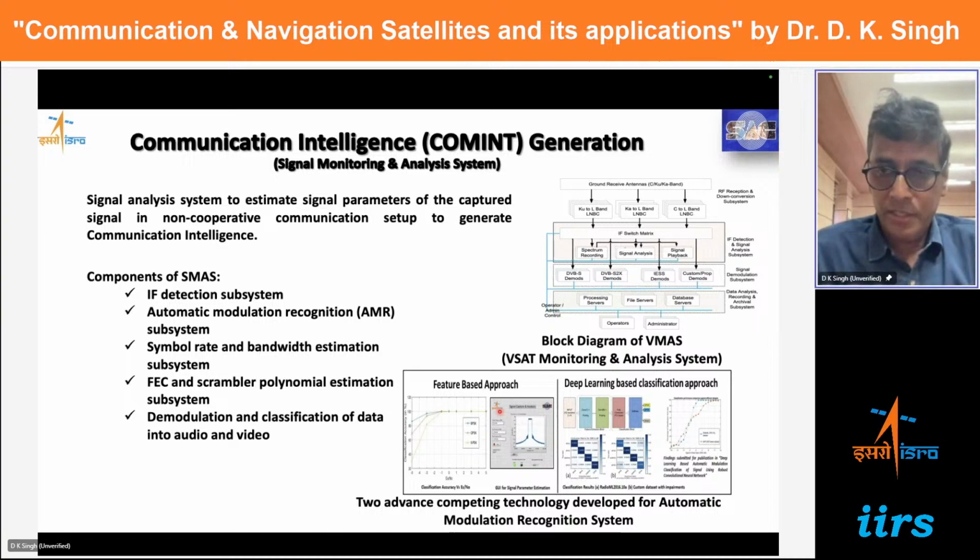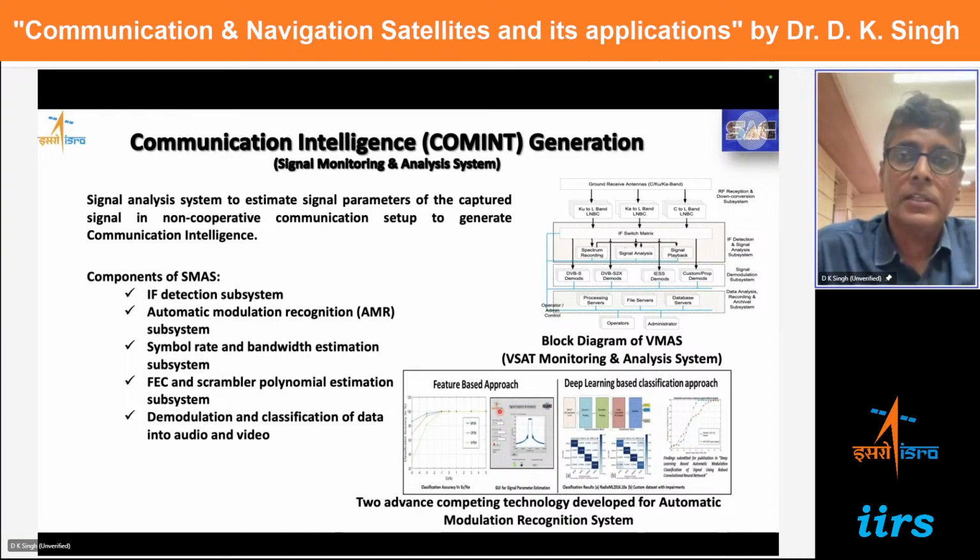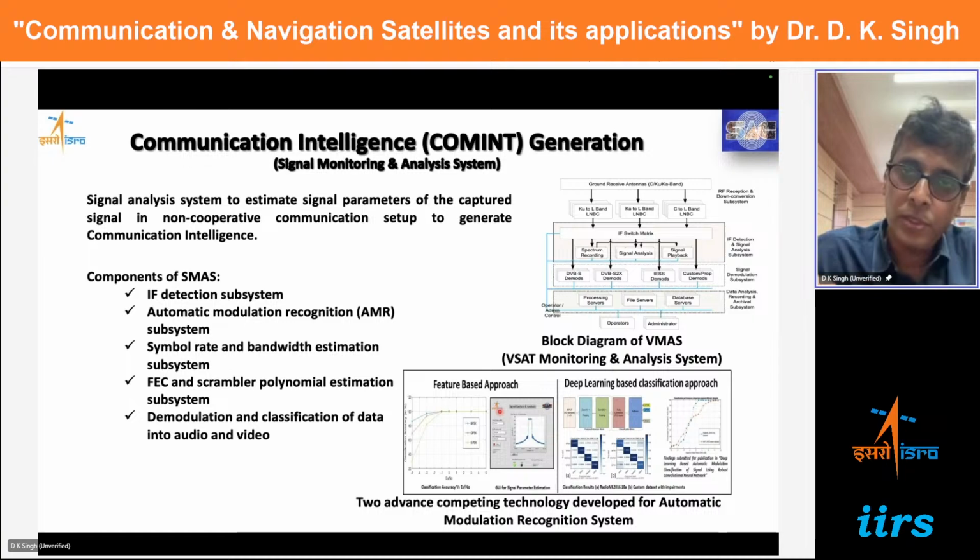Now, there is one more application, the communication intelligence. Let us say you want to understand what communication is going on over your land, or in the adjacent geography.